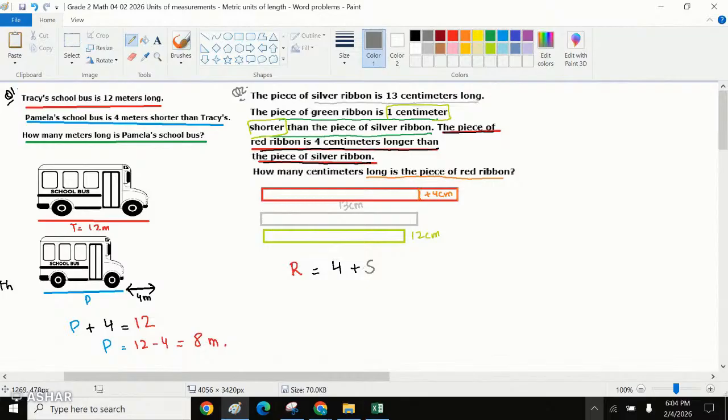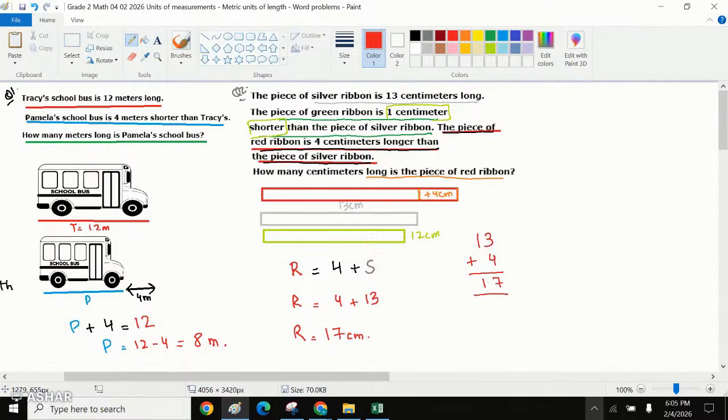That means the length of the red ribbon would be 4 plus 13. And we know that when we are adding numbers together, the 13 plus 4, the ones are added to ones, and the 10 stays as it is. In this case, that would be 17 centimeters, right?